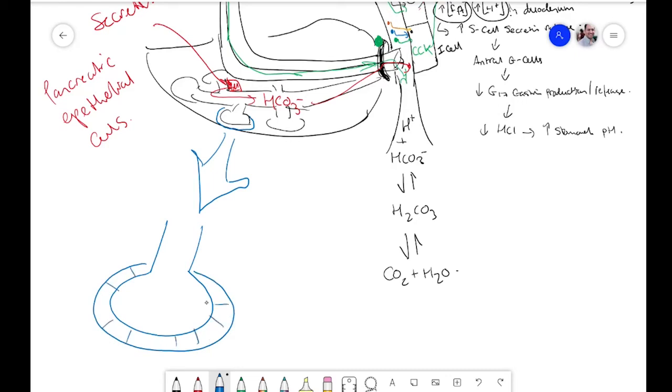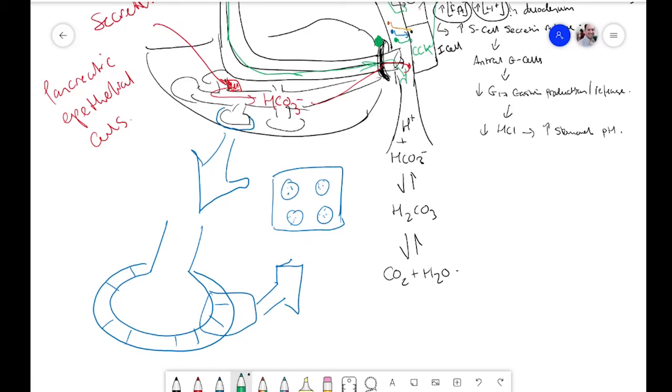And if we look at a cell, then what we have is an acinar cell like this, and inside these acinar cells you've got vesicles that contain granules.